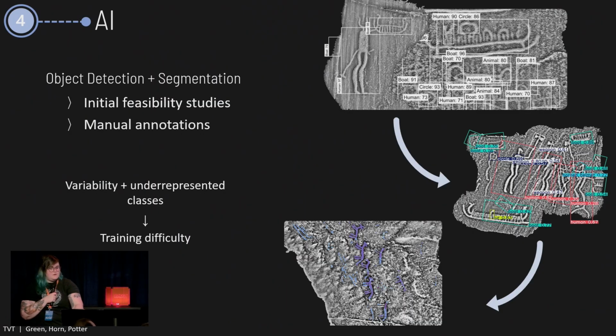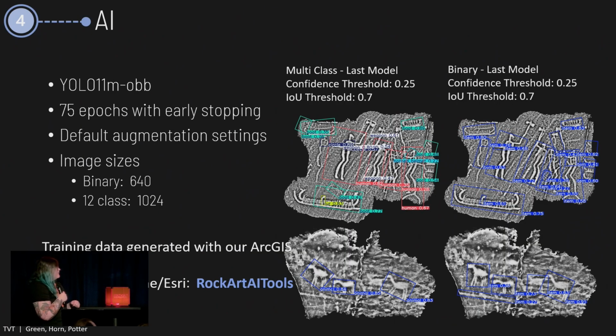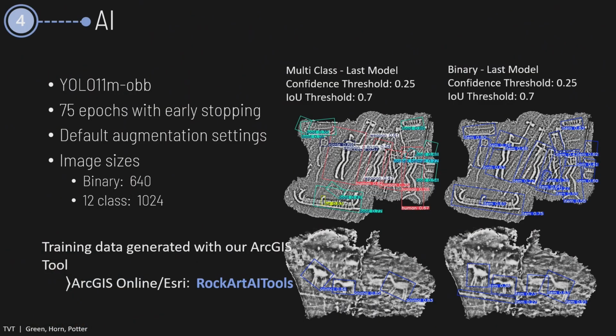I showed the example just a second ago of our oriented bounding box detection, and you can also see how TVT works on laser scans here. These are both laser scans. I fine-tuned a YOLO11m model for 75 epochs with early stopping, and it ended up being around 60 on both models.